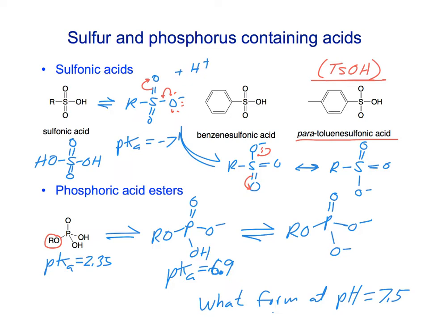The one clear on the right. Okay, because remember, whenever we have these, if the pH is higher than the pKa, it will be in its basic form. Okay? And we know that pH is above 2.35, so that one's going to be ionized. It's also above 6.9, and so we're going to shift all the way over to this side here. Okay?